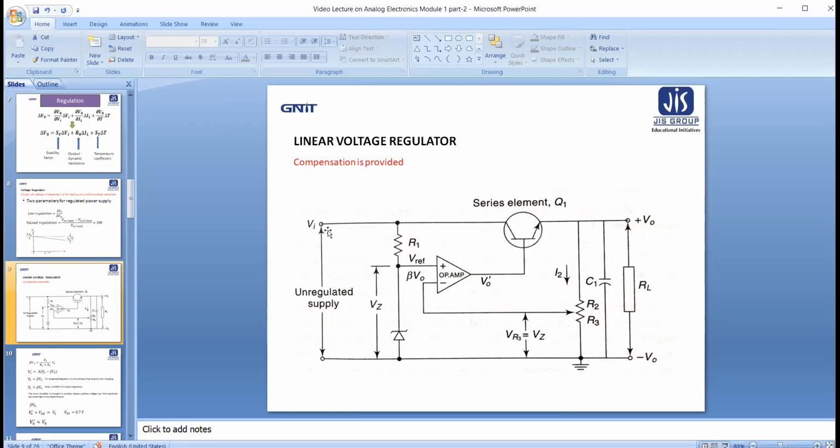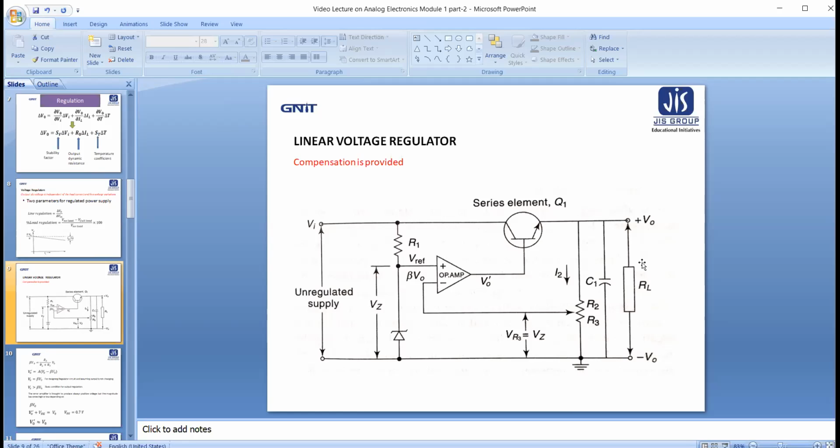The current provided by this unregulated power supply will directly go to the load resistance if we are not providing any feedback path. It will flow through the transistor and go to the load resistance. After some drop across this transistor, the output voltage is produced.